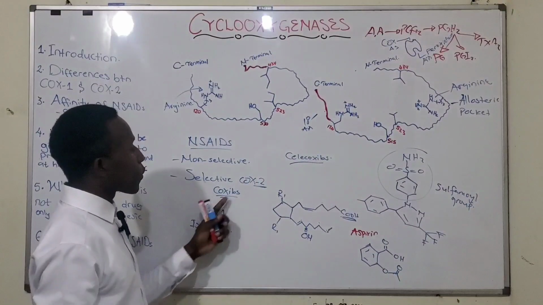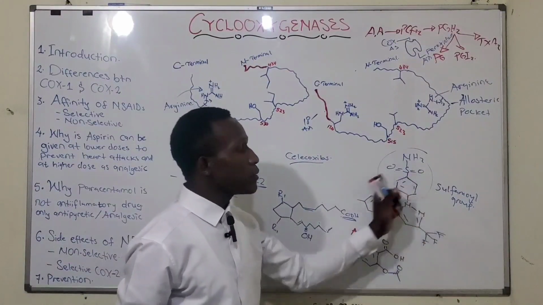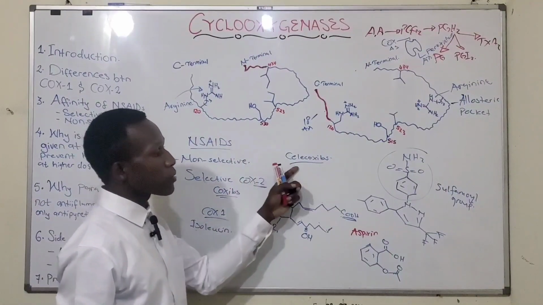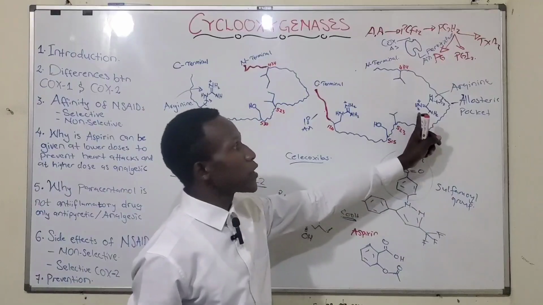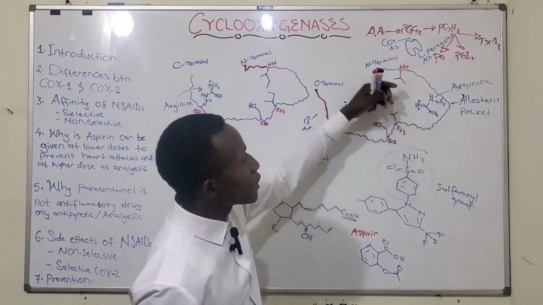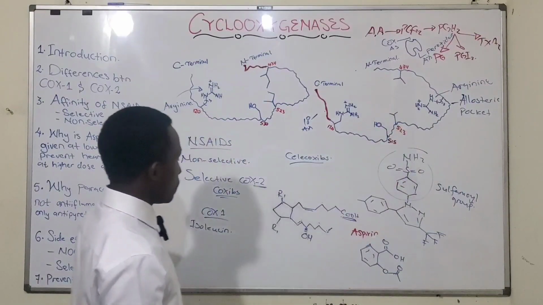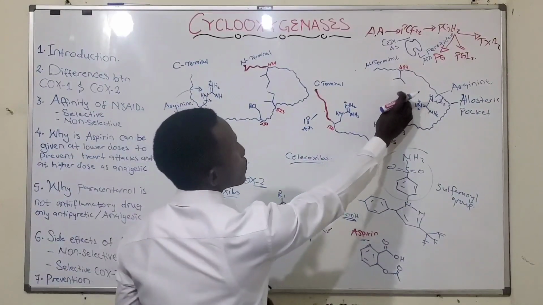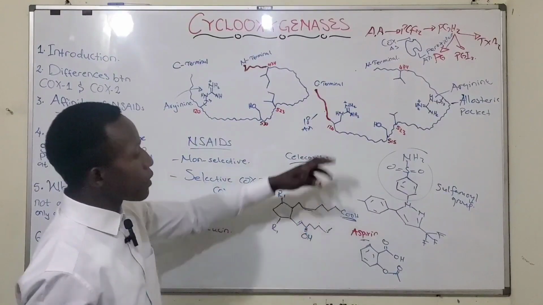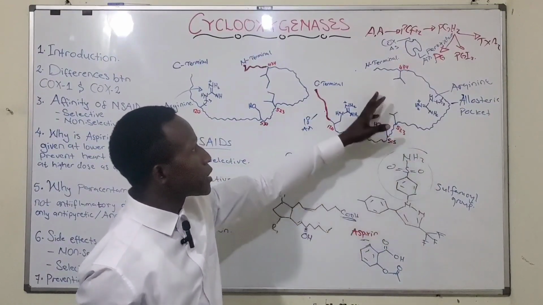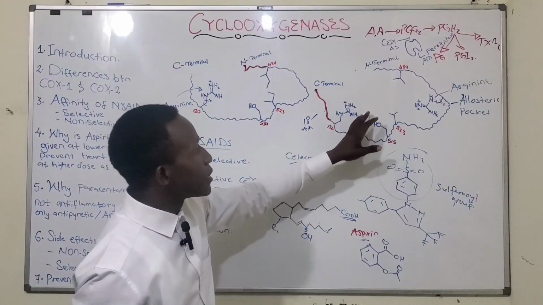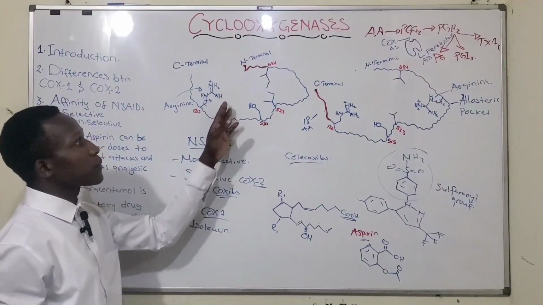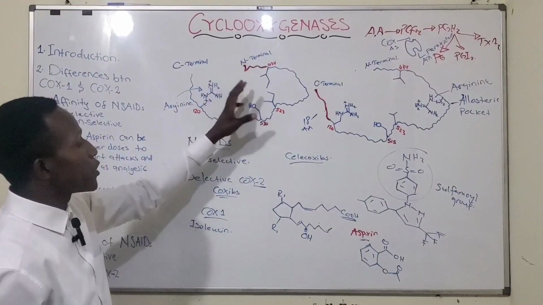So the selectivity for COX2 is due to the different groups in the selective COX2 inhibitors, the COXIBs. But aspirin and many other NSAIDs cannot reach this region because they don't have this bulky group. They can inhibit COX2, but they are not selective for it. They can also inhibit COX1 because they only bind at this region.